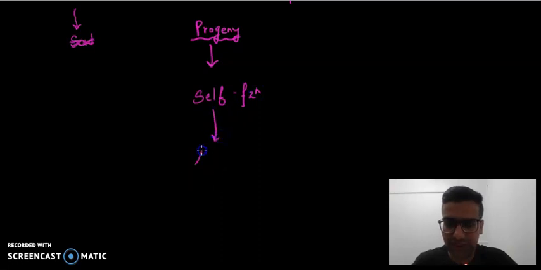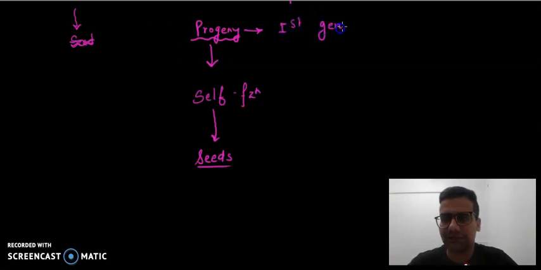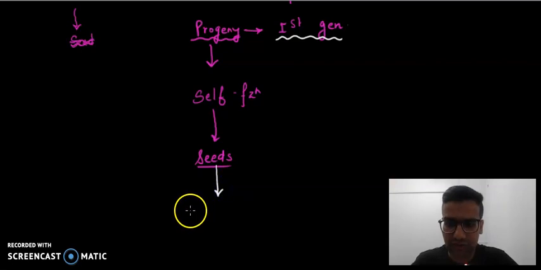After self-fertilization, seeds from these plants were again obtained. This is the second generation; this was the first progeny, the first generation from the parental plant. These seeds were collected and sown into the ground for the next season.